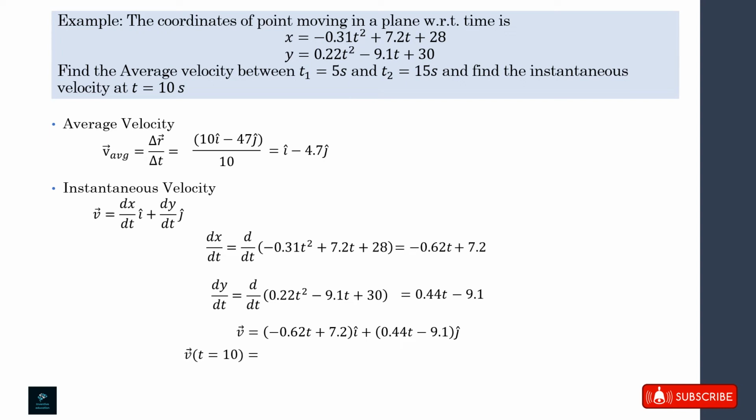Putting the value of t equal to 10 seconds, we get instantaneous velocity as (minus 0.62 into 10 plus 7.2) i plus (0.44 into 10 minus 9.1) j, and this comes out to be i minus 4.7 j.